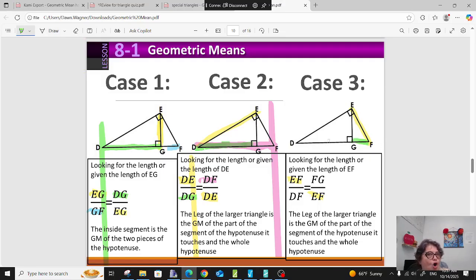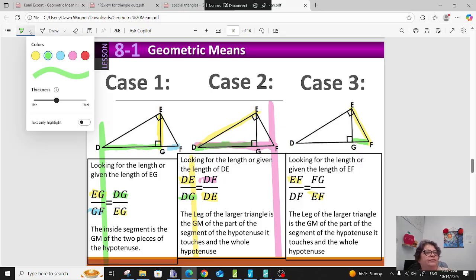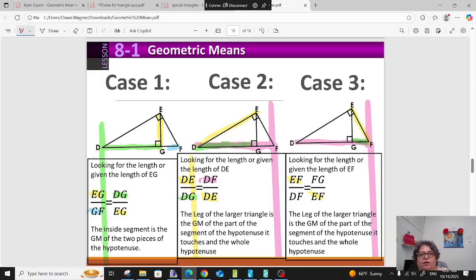The whole hypotenuse. Do you see why I had you color coded? It does help make it easier to see. Okay.